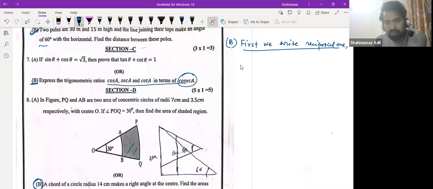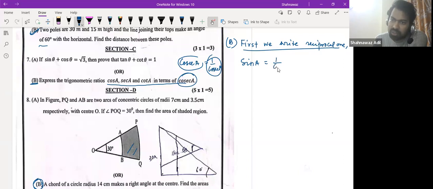What is 1 by cosec A? That is what I'm asking. Sine. So the first thing that you can write is that sine A is 1 by cosec A.